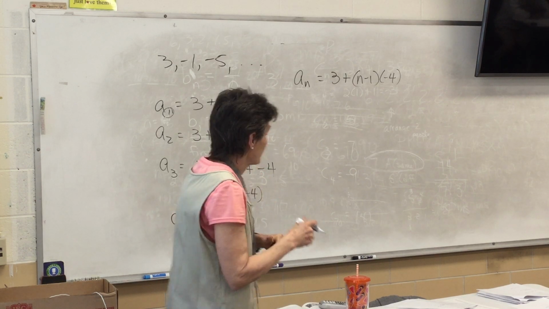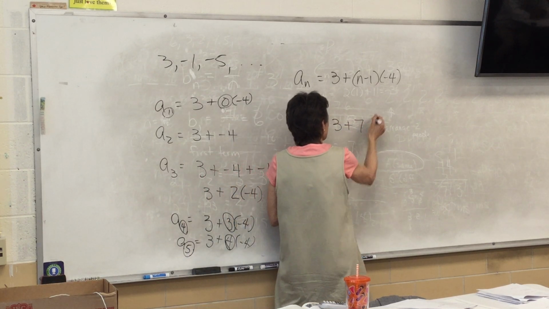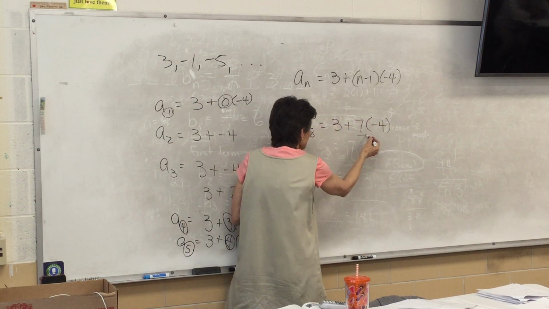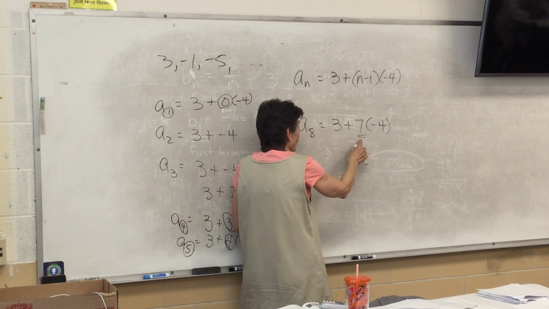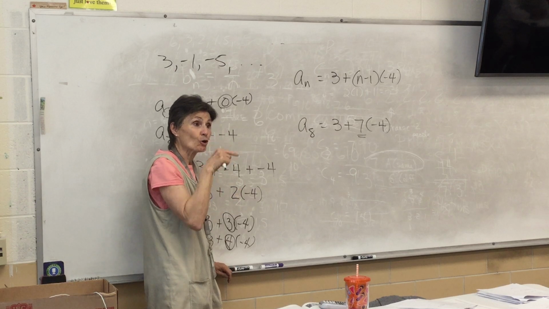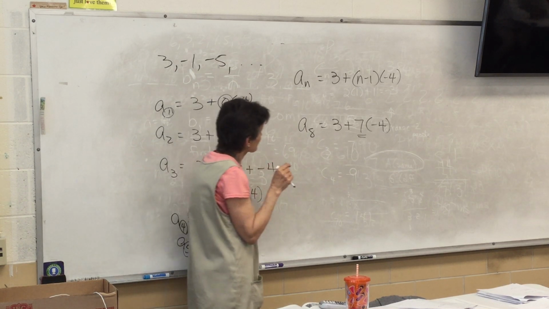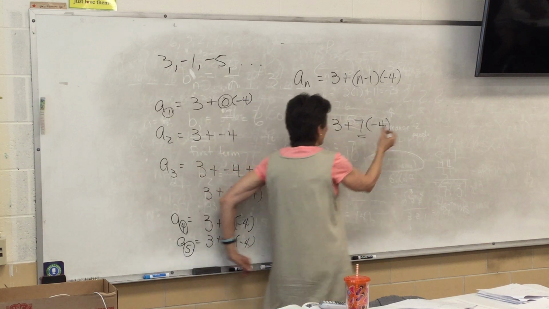So you wanted the 8th term, 3 plus 7 -4s. The number of -4s is 1 less than the term you're finding. So what is that, -25?